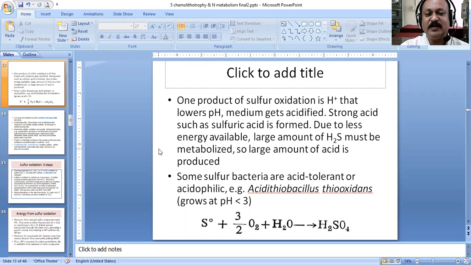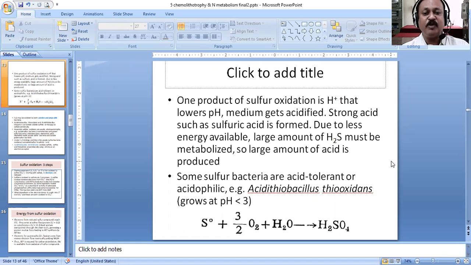Another thing is, because of the energetics of this particular reaction, a very large amount of energy is not produced in this electron transport. A small amount of energy is produced, and that too must again be utilized for CO2 fixation. Whatever energy in the form of ATP is made, out of that energy, ATP is also required for CO2 fixation.